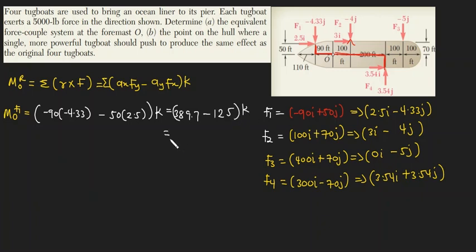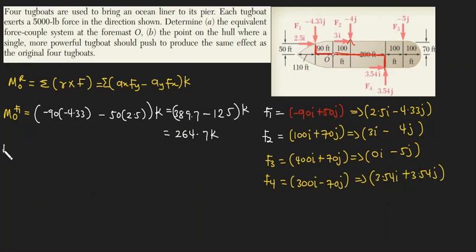So we have 389.7 minus 125. That gives us a value of 264.7.